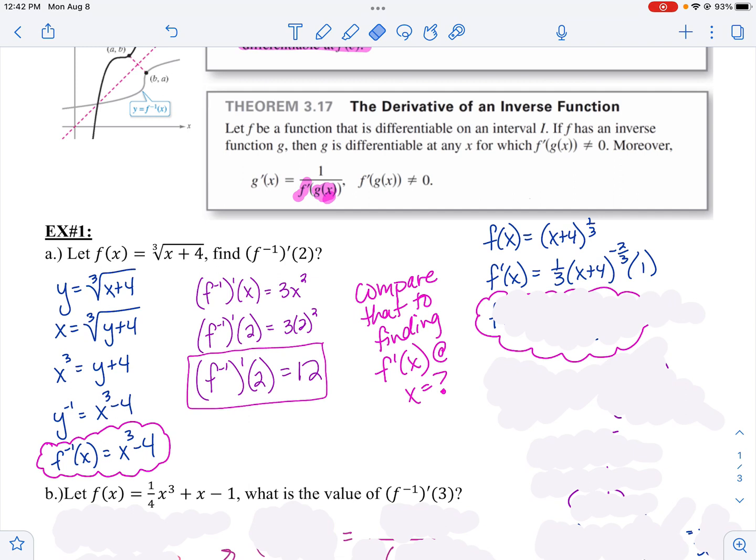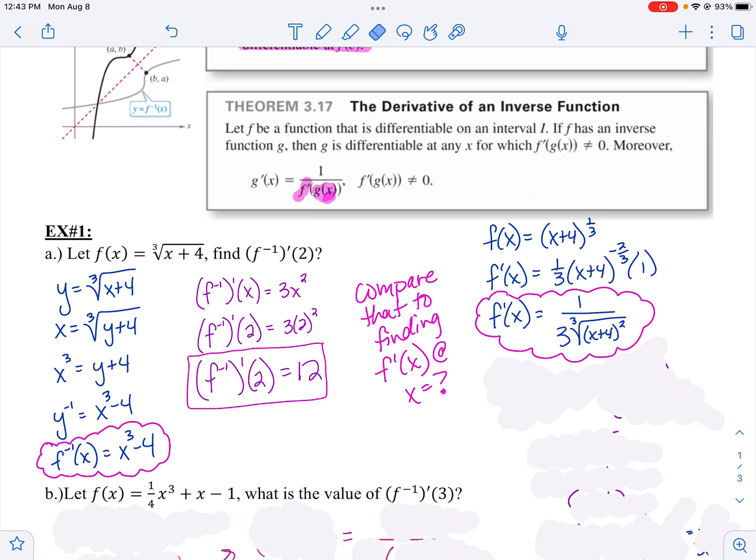I can bring that 1/3 forward, keep the inside the same, subtract 1 from my exponent, and then don't forget to take the derivative of my inside, which happens to be 1. So the derivative of my original function, if I simplify it and make positive exponents there, is that the derivative of f is 1 over 3 times the cube root of (x plus 4) squared.